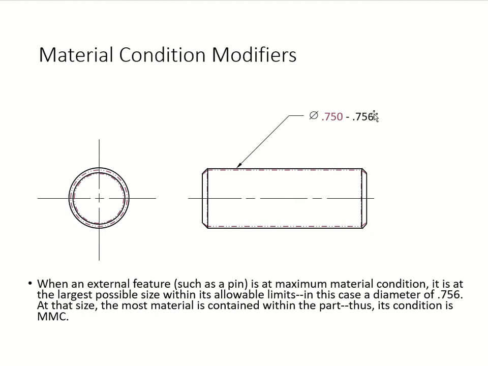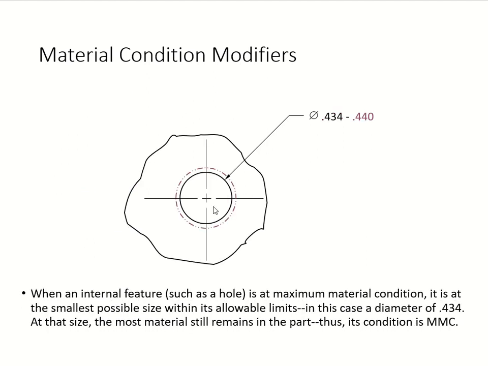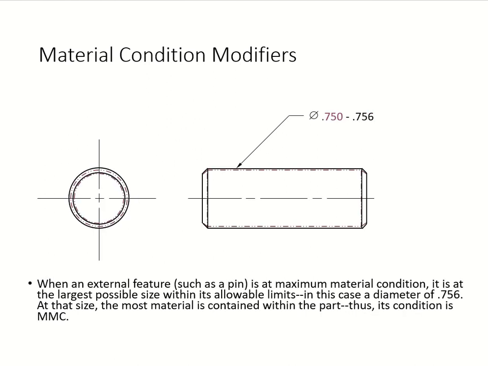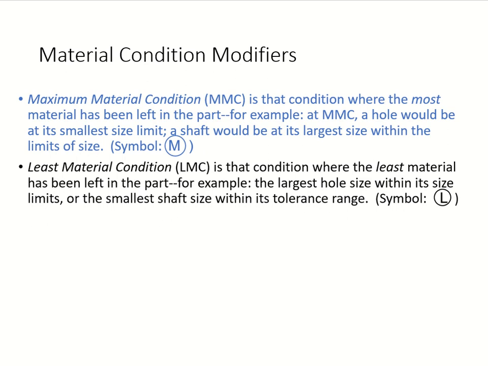We're going to take the largest size for MMC. Your hole is an internal feature. Since you have to cut material out of it, we're going to take the smallest possible size, because MMC means maximum material condition, where you want to leave the maximum material on your part. So pay attention to the external and internal.